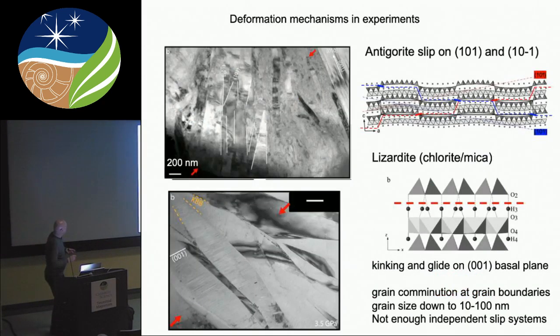So after the experiments, we can also look at the kind of deformation mechanisms we observed, and we do that by looking at the samples by transmission electron microscopy. And we see that these materials have different textures in the end.